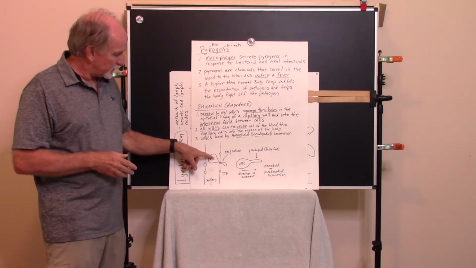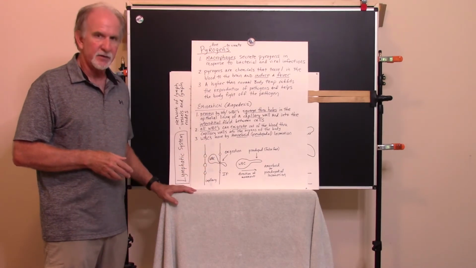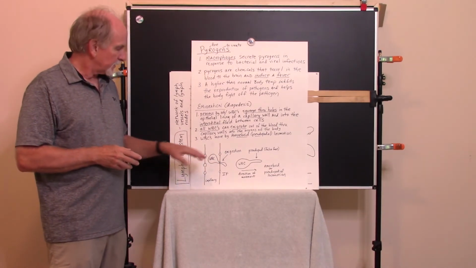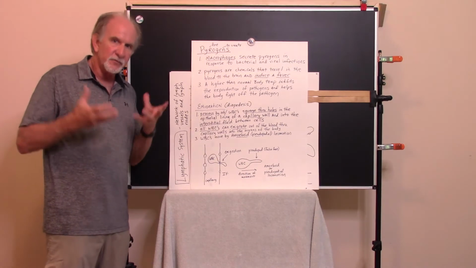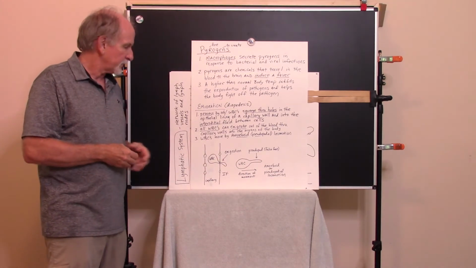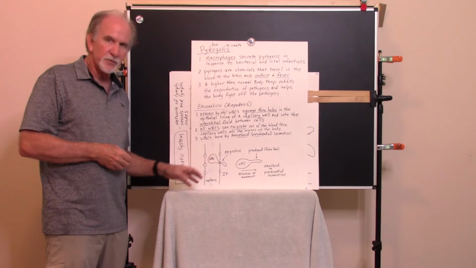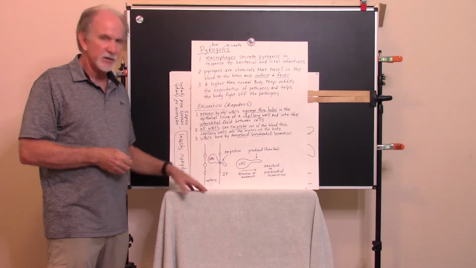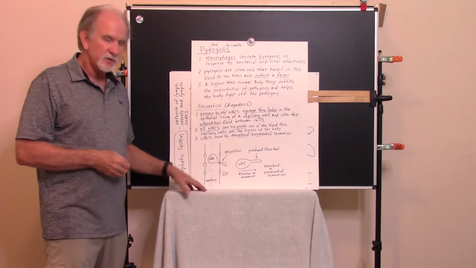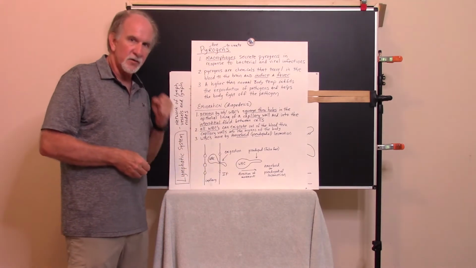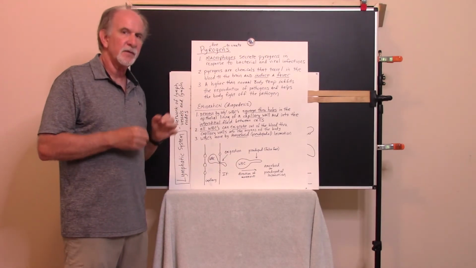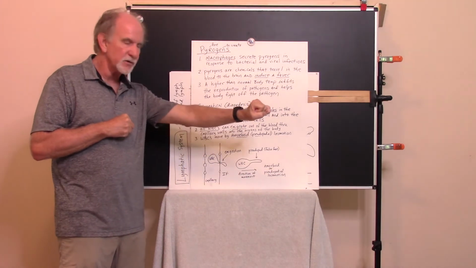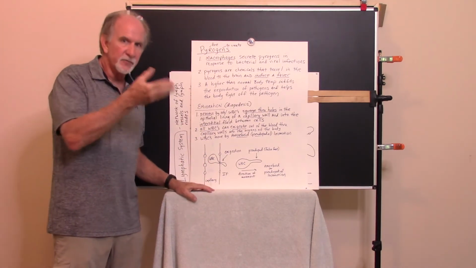So this would be a white blood cell in a blood capillary, and these would be holes in the capillary wall. The white blood cell is literally capable of changing its shape so that it can squeeze through these holes and squeeze all the way out into the interstitial fluid. Once in the interstitial fluid, the white blood cell can push its cytoplasm against the plasma membrane and extend what's called a pseudopod out in front of it.